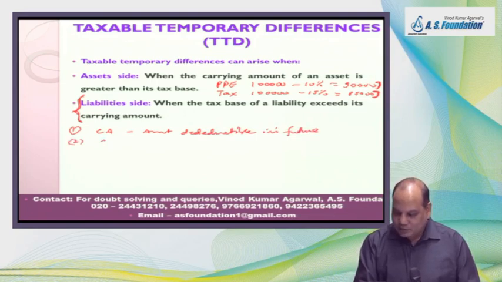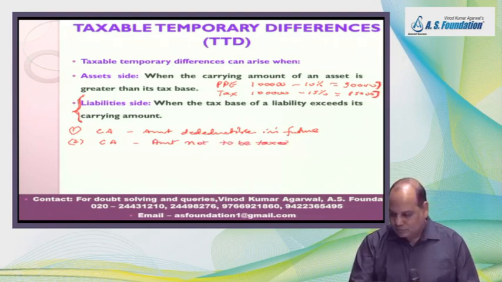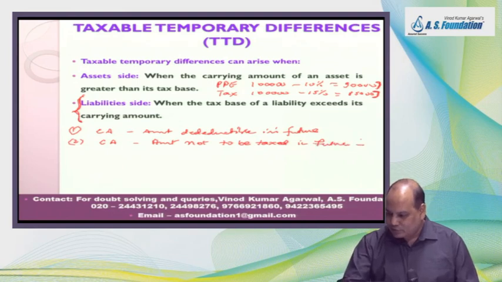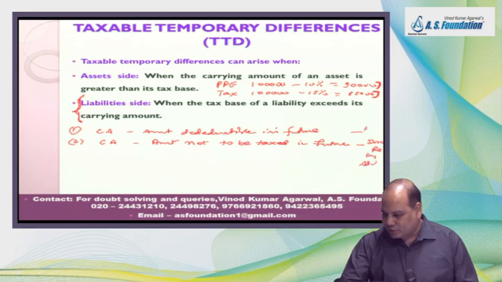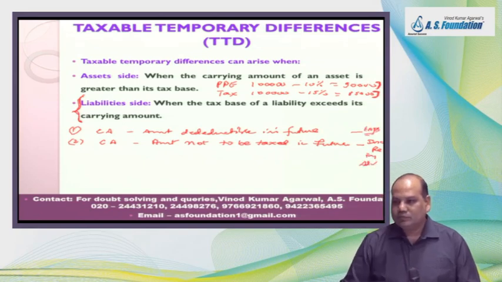And my second formula is carrying amount minus amount not to be taxed in future. This is for income received in advance. Correct? Income received in advance. And this is for expense. Correct?